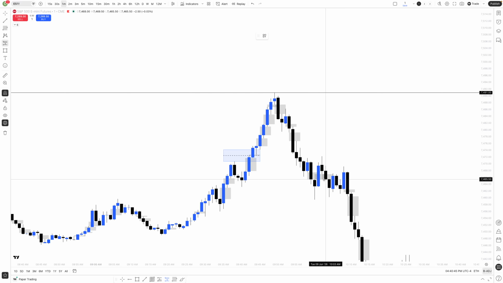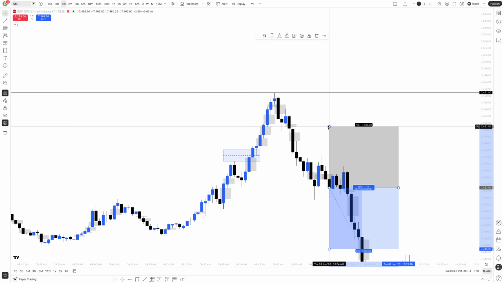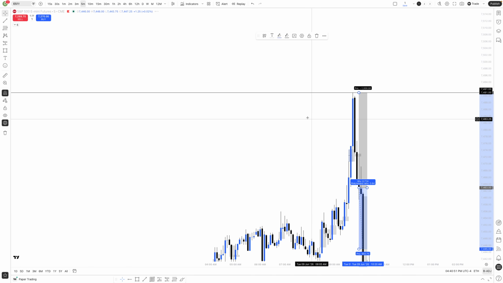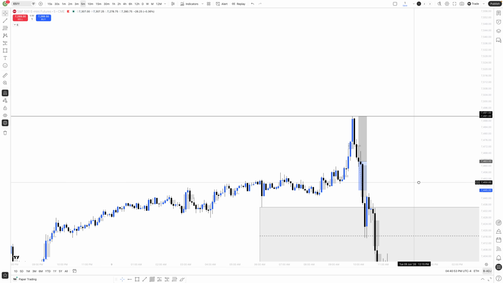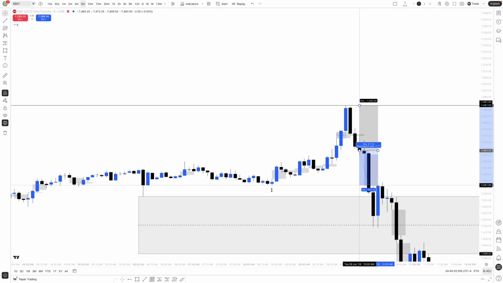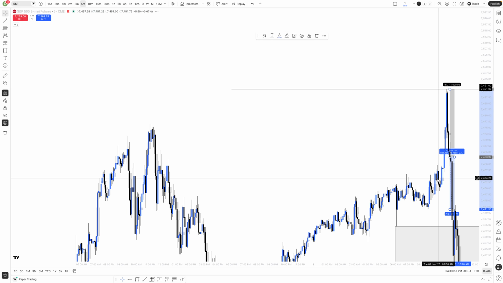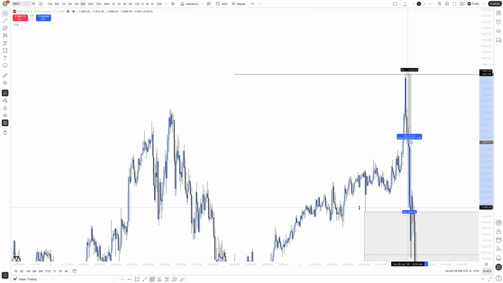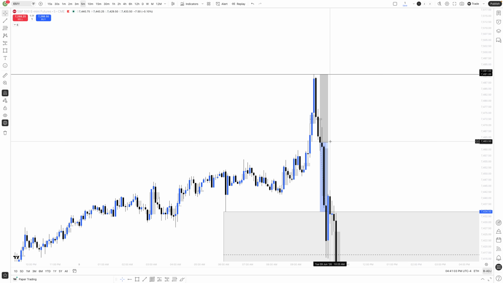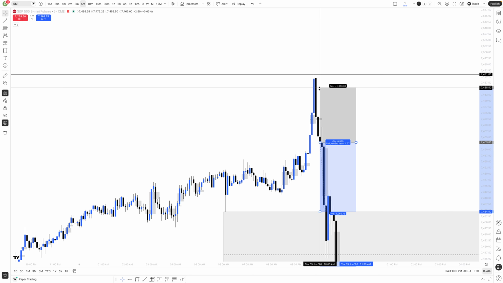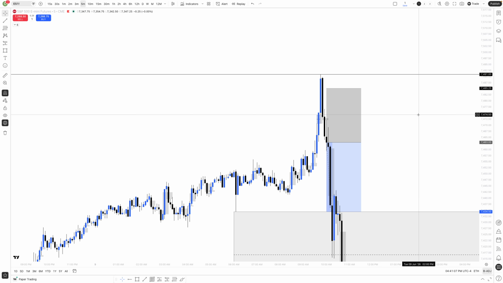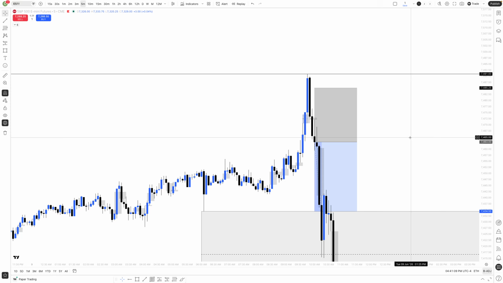We inverse this gap on the 1 minute, and then we inverse it back down to the downside. Stops here, and then your target can be anywhere in here, wherever you like. You can even pull your stops however you like. So that's the strategy.